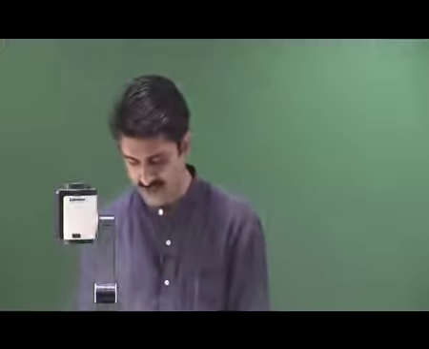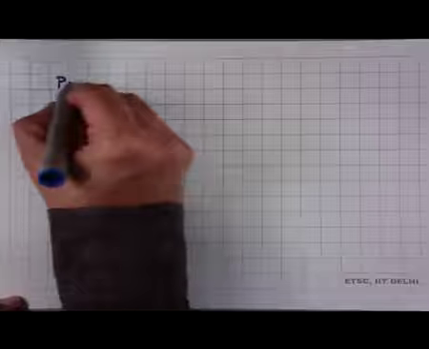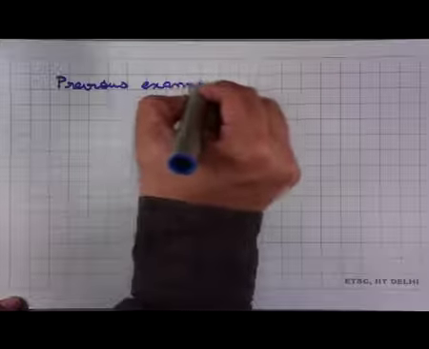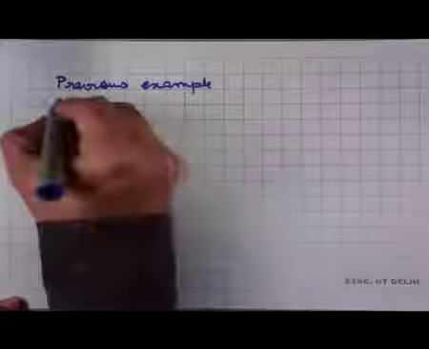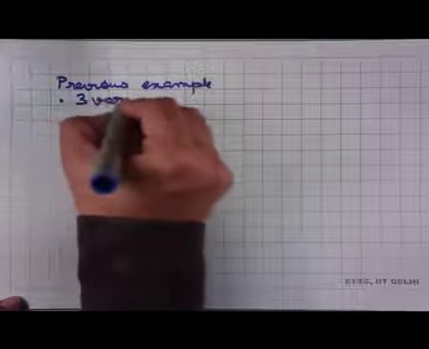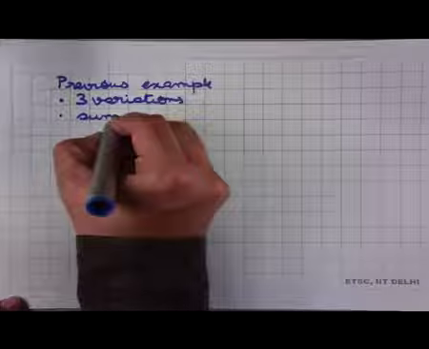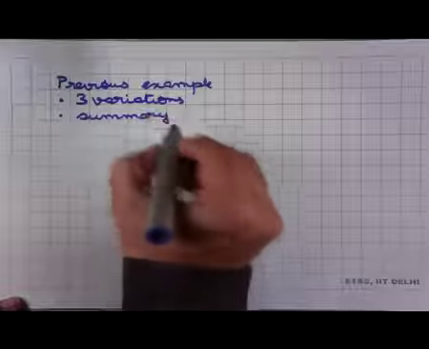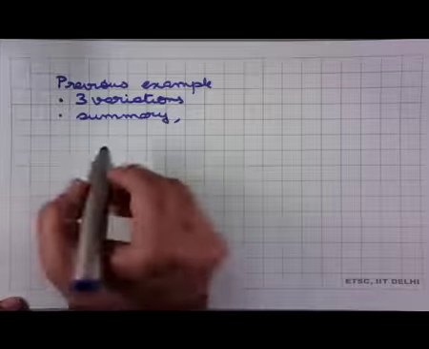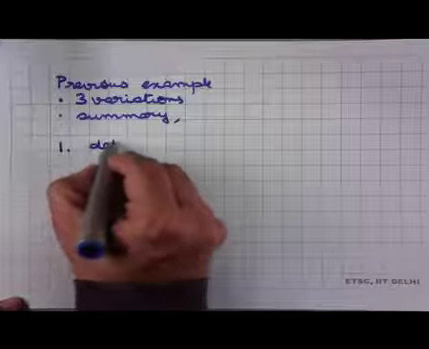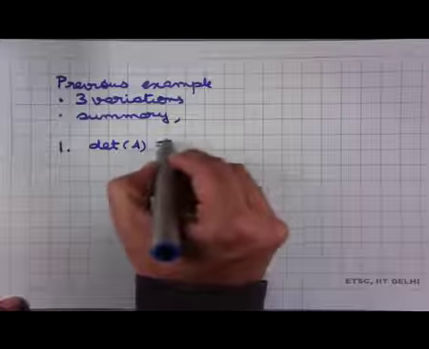So, let me write this down in terms of a table. The previous example, with its 3 variations, and the summary is as follows. In the first case, 1, the determinant of A was not 0.